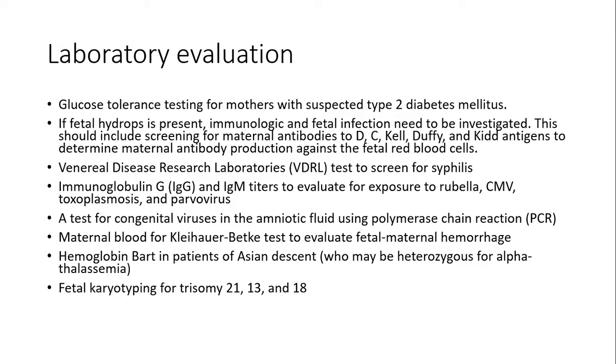Hemoglobin Bart in patients of Asian descent who may be heterozygous for alpha thalassemia can be investigated. And fetal karyotyping for trisomy 21, 13, and 18 sometimes is done for evaluation of chromosomal aberrations of the fetus.